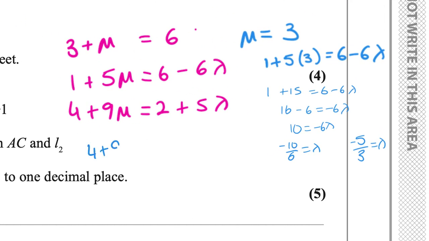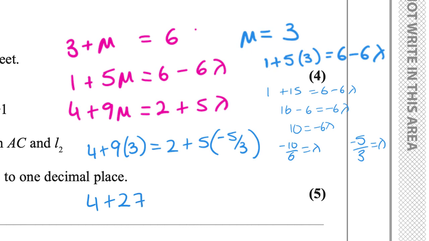So now let's see if this is true. 4 plus 9 lots of mu, which is 3, should equal 2 plus 5 lots of lambda, which is minus 5 over 3. I can already tell you they're not going to equal. However, let's keep going. What's 4 plus 9 times 3? It's 4 plus 27, which is 31.